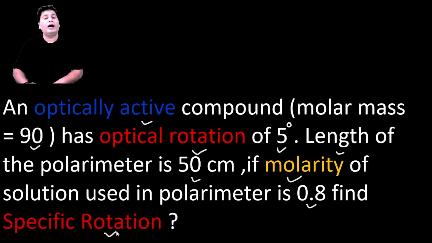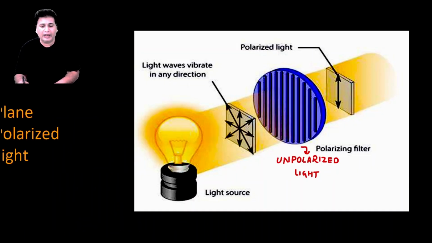Before we apply the actual formula and calculate the specific rotation, we will go through some of the basic fundamental details. As you understand, I have mentioned plane polarized light. You should first understand the meaning of plane polarized light.